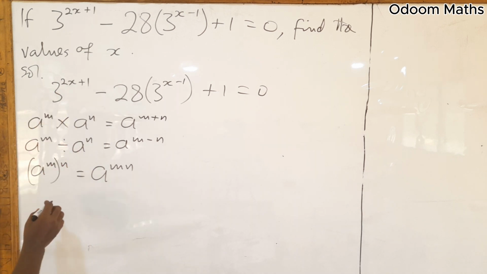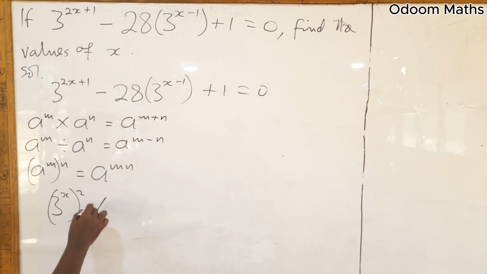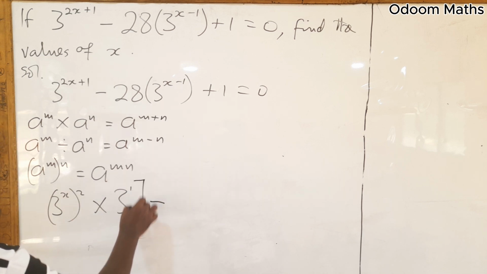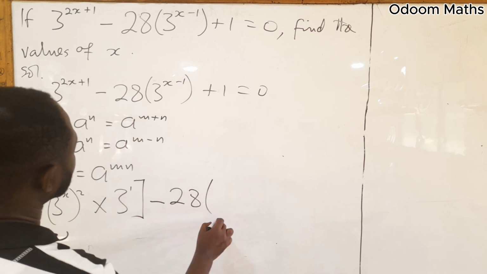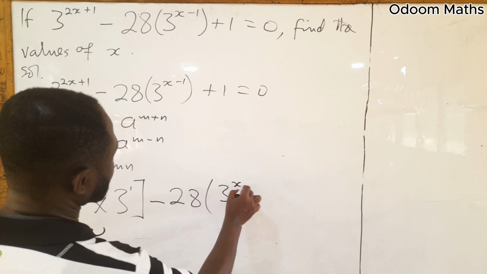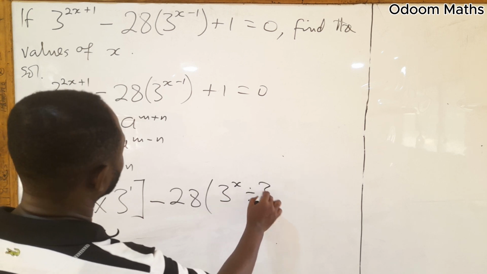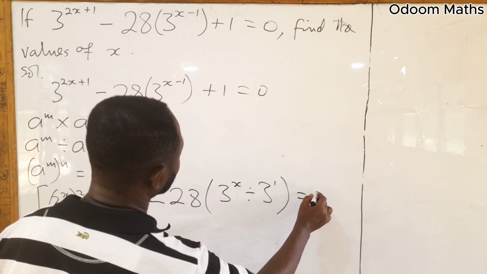So this can be 3 to the power x all to the power 2, then times 3 to the power 1 or 3. Then minus, let me put this in brackets, 28 times 3 to the power x divided by 3 to the power 1, then equals 0.